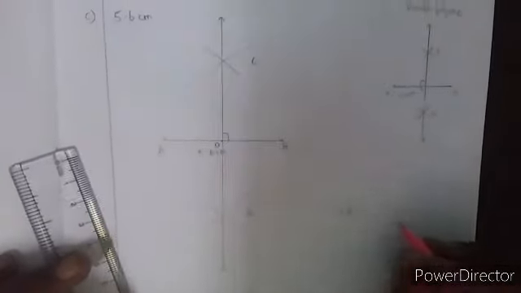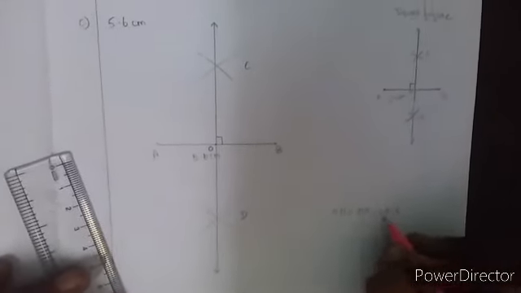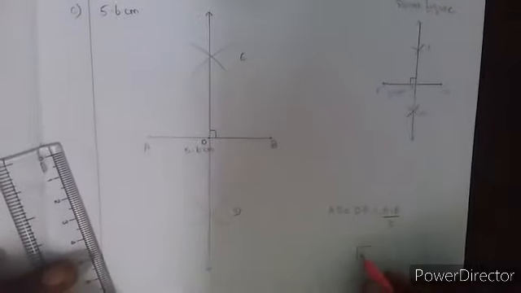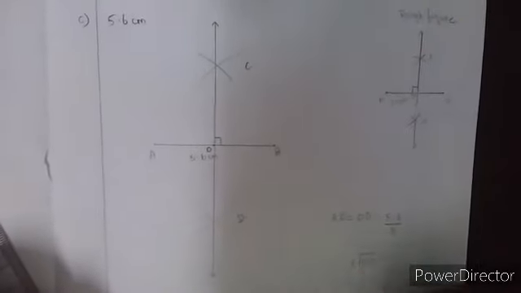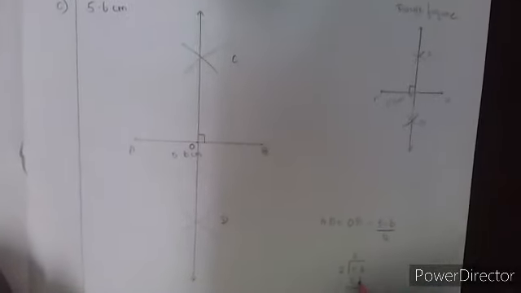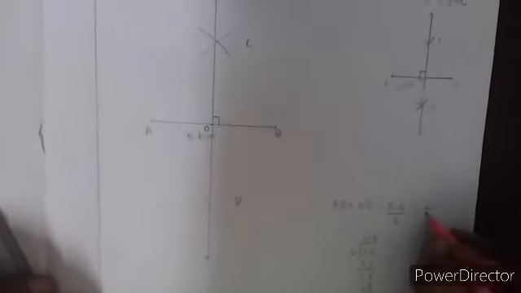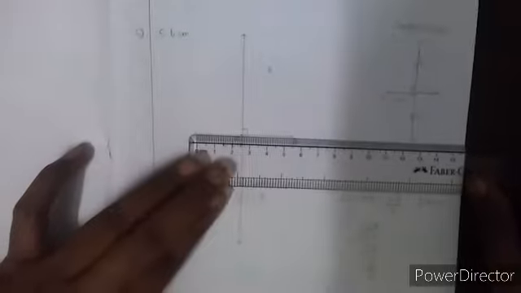AO should be equal to OB equal to 5.6 divided by 2. 5.6 divided by 2. 2 2s are 4. 1. Get down the 6 point. So 8s are 16. 0. So it should be 2.8 centimeter. If I measure this 5.6 divided by 2, it should be 2.8 centimeter on both sides.